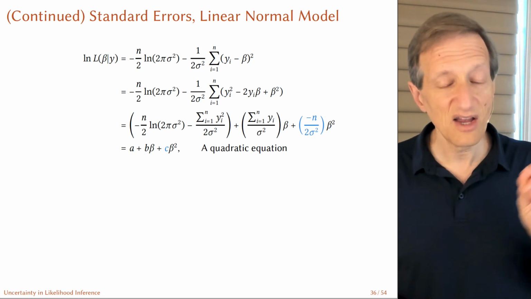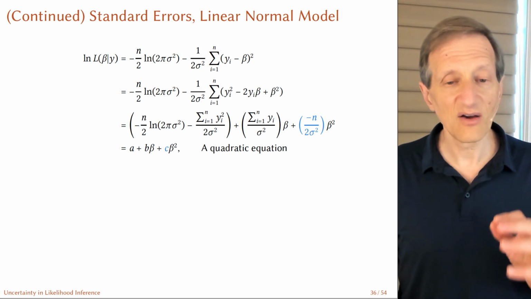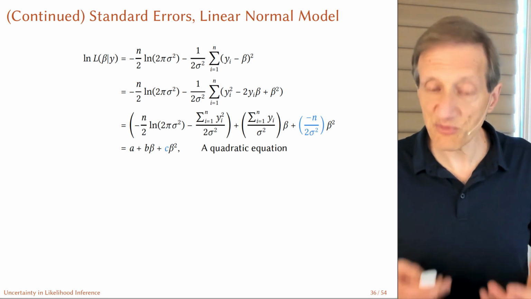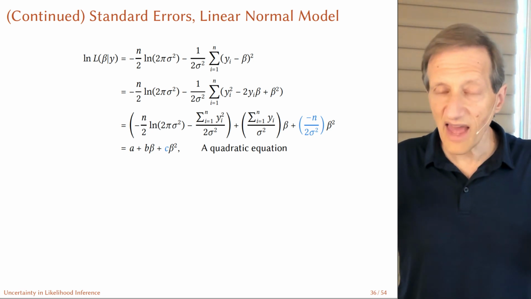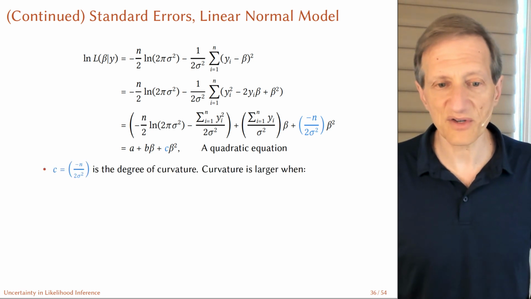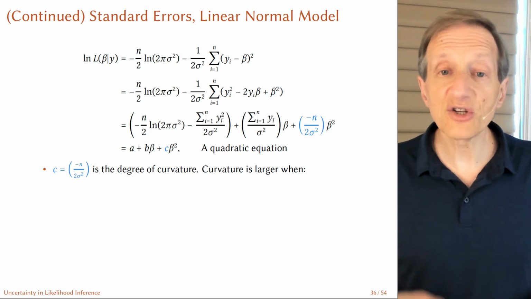That's important. So the log likelihood of a normal distribution with a constant parameter for the mean is a quadratic expression. That's the thing that every log likelihood function as n gets larger winds up approximating, with certain regularity conditions. C, the thing in blue there, is the degree of curvature.